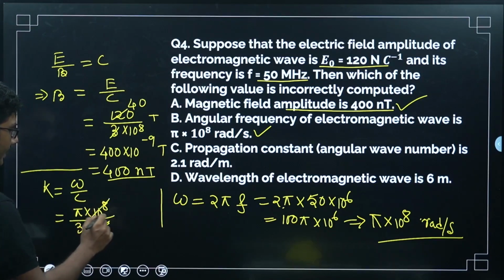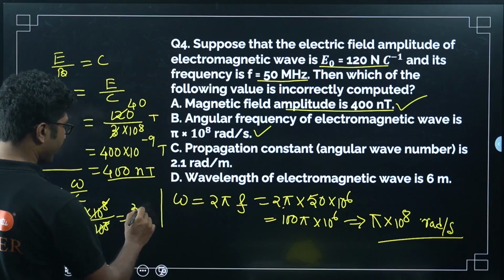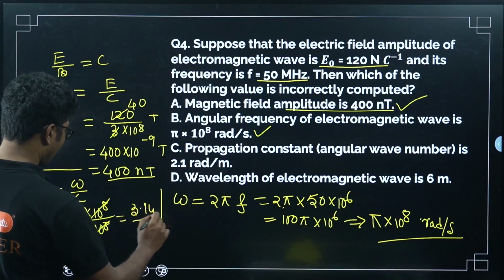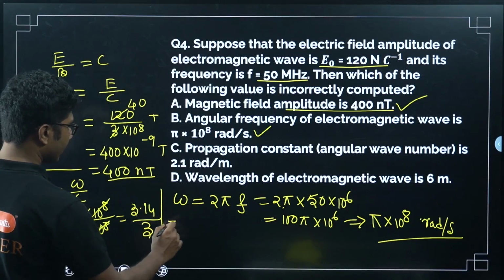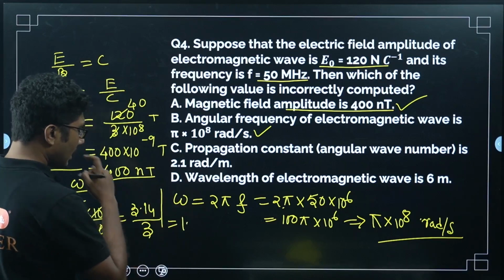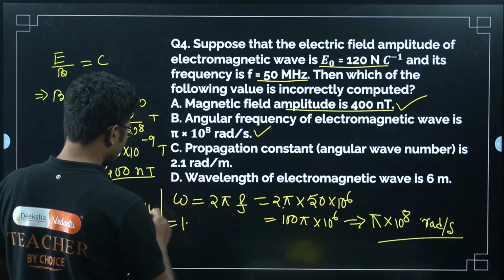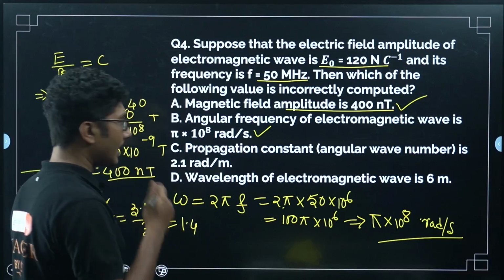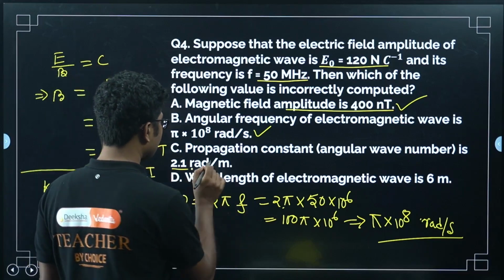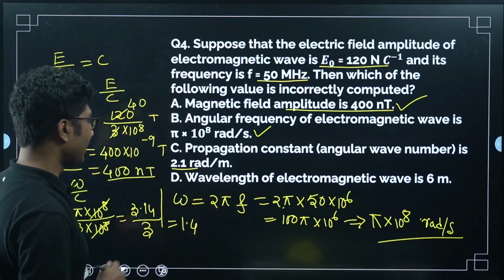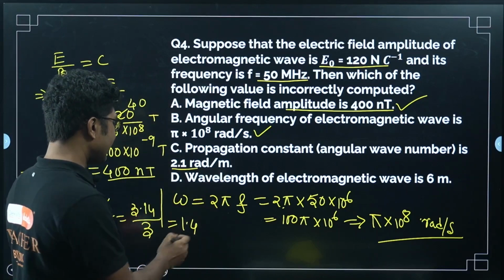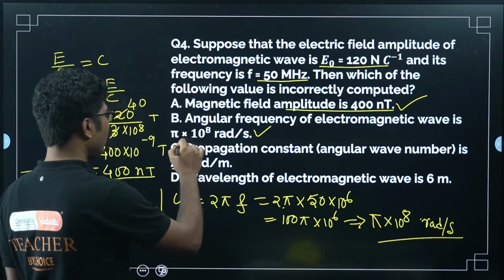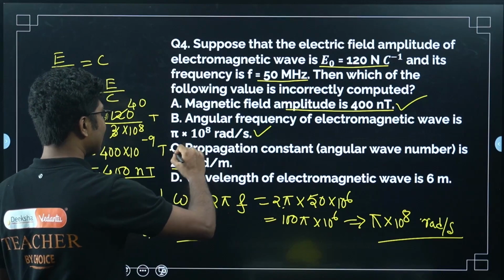The 10 to the power 8 cancels, omega is 3.14, and this is divided by 3, so it should be around 1.4, right? But the value given here is 2.1 radian per meter, so this is incorrect. It should be around 1.4. So which one is the incorrect one? This is the incorrect one.